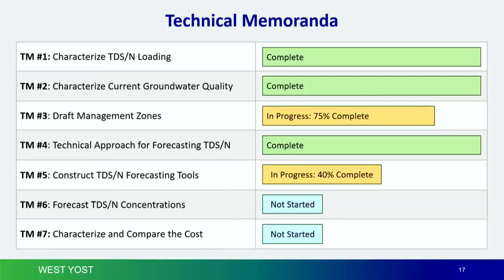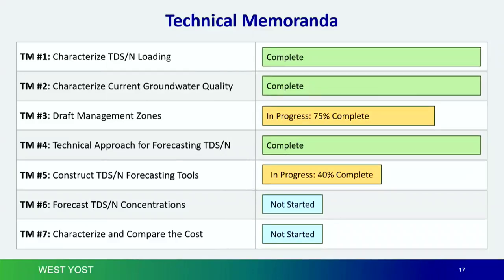Our TM4, we fast forwarded because that was a modeling task that didn't rely on prior tasks to be done. So we were attempting to get ahead of the game on our modeling. And TM4 talks about our technical approach to developing these computer simulation modeling tools.